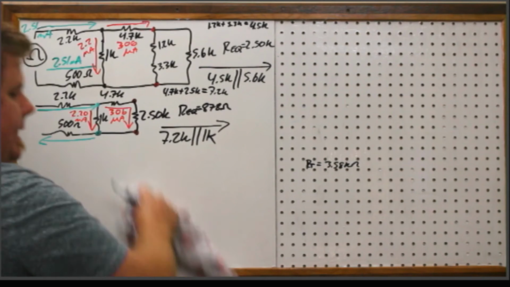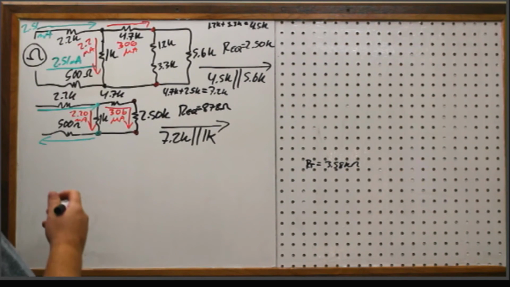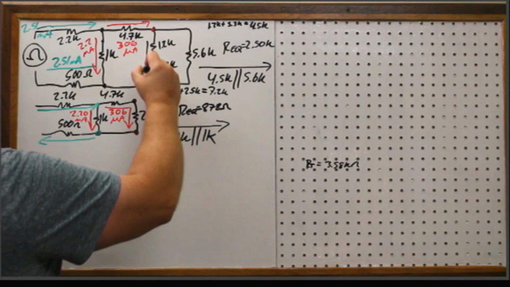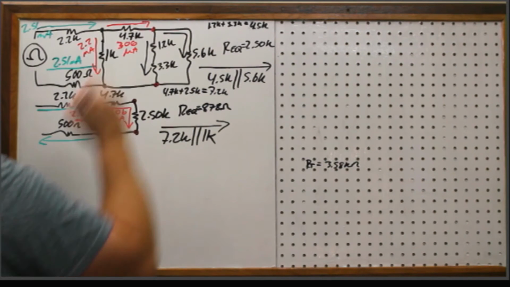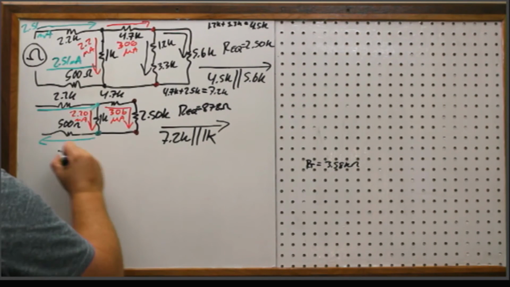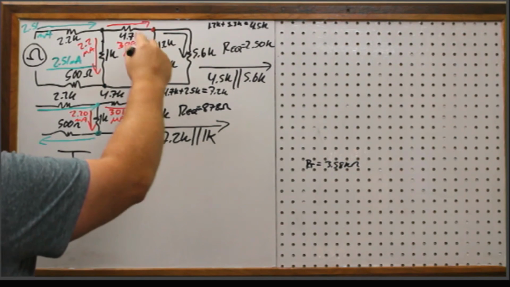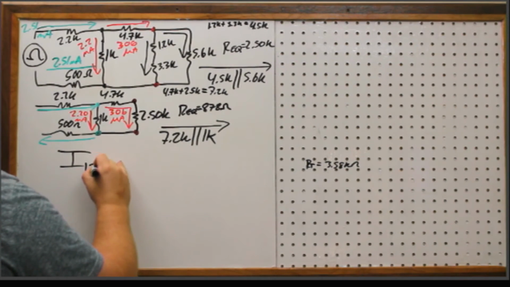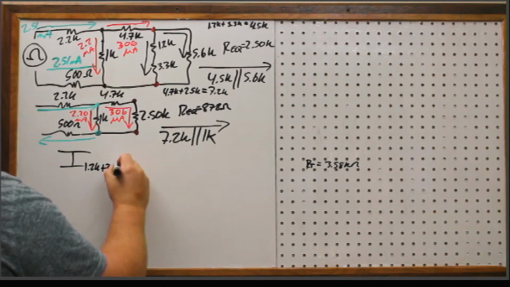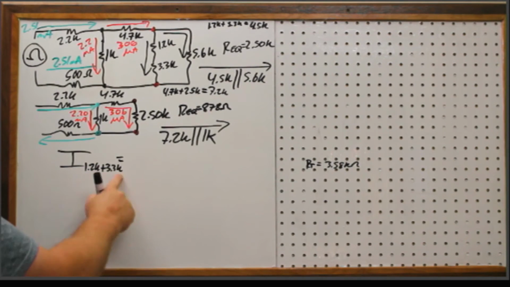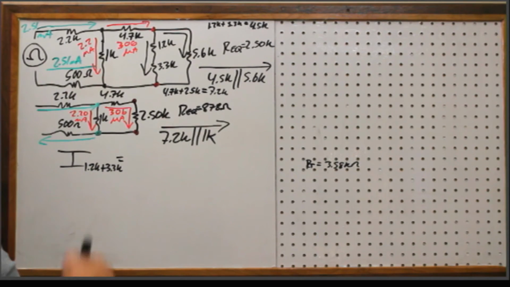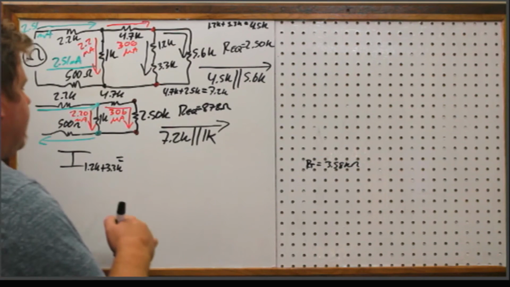I'll just do it in black. That's okay. All right, so for these last two, the first current I'm going to look at is the 1.2K plus the 3.3K. Okay, and all I'm doing here is just referencing which branch I'm talking about because I didn't label my branches. I don't have that much room up here.